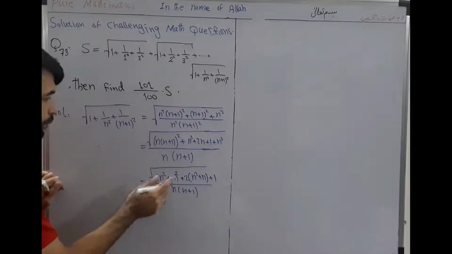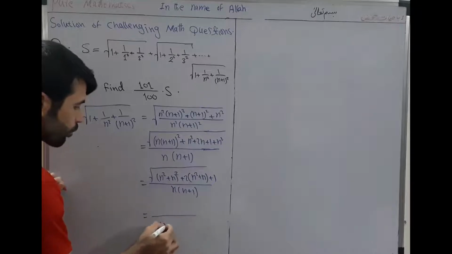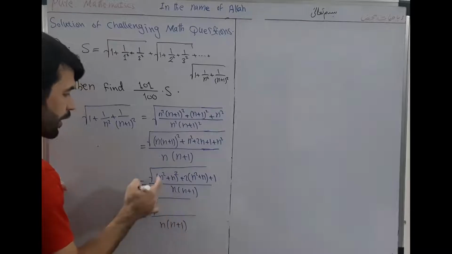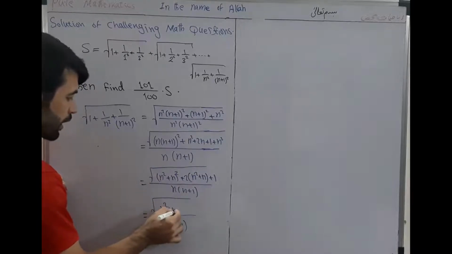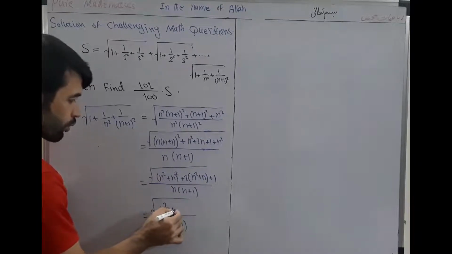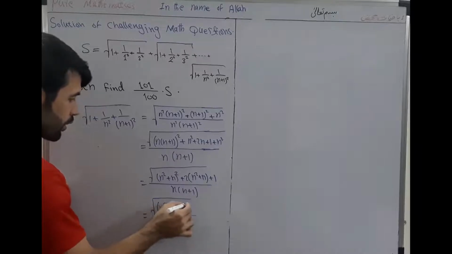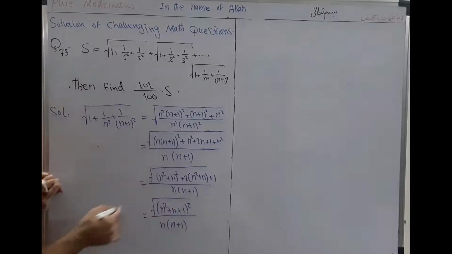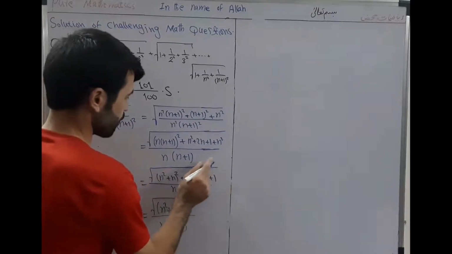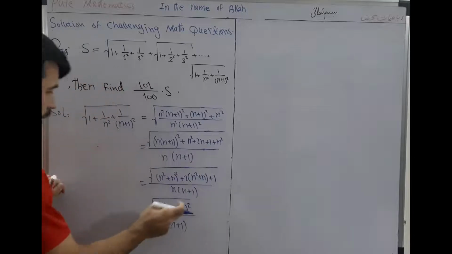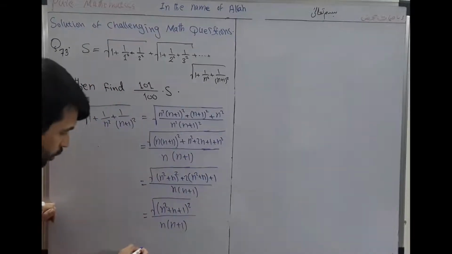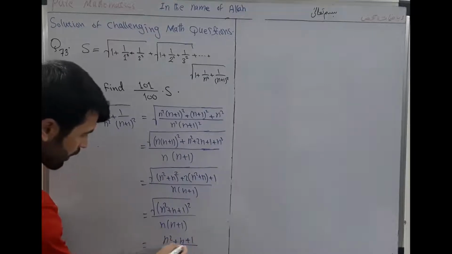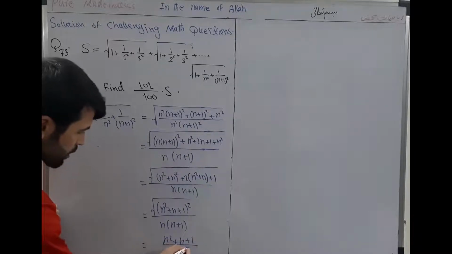Now it is equal to n into n plus 1, whole square root of n square plus n plus 1 whole square. It has the complete root, perfect square root. Then it is equal to n square plus n plus 1 over n into n plus 1.